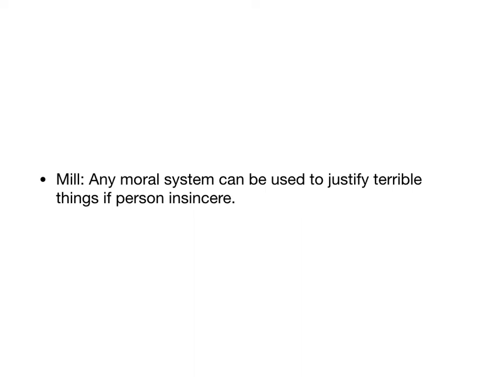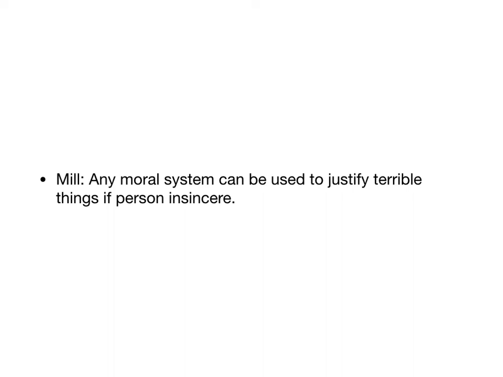Well, people could twist this into, well, we're going to burn heretics because being a heretic is so wrong, and out of love for everybody, we want to make sure these heretics don't hurt people, right? And I think that's an utter perversion of Christianity, but that would be Mill's point. Here is as nice a moral claim as you would ever want, love your neighbor as yourself, and an insincere person can twist that around to justify doing terrible harm.